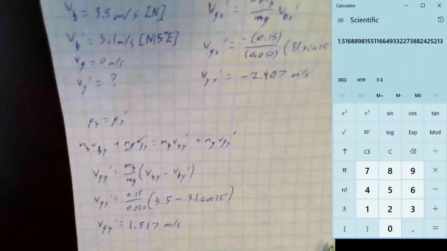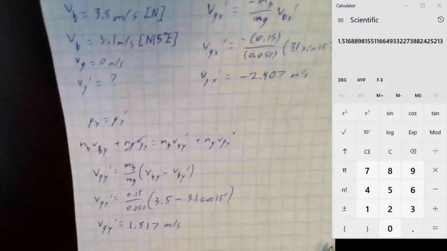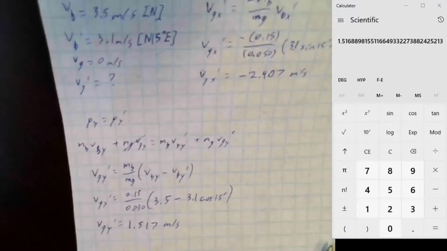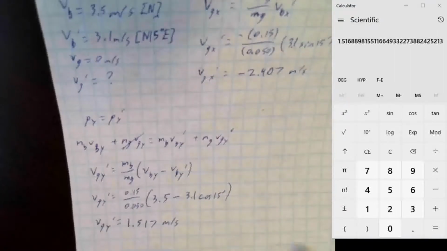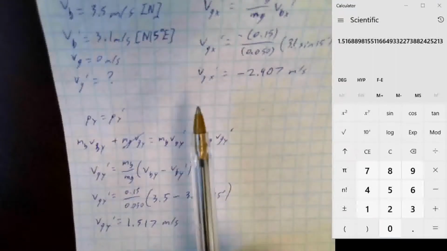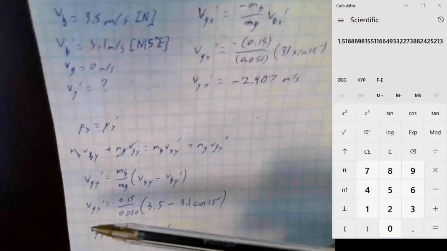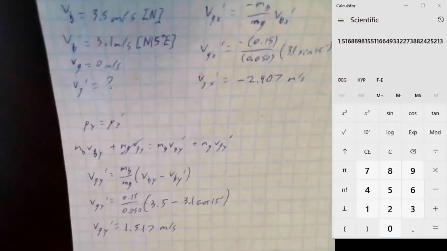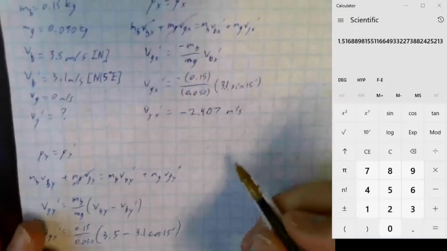I'm taking a few extra variables back here because I need to consider that this is only a part of my solution. This isn't my final solution. And this tells me that my VGY prime, my golf ball, is going to be going up and to the left, or north and to the west in this case. So now I have to find out what this will actually look like.